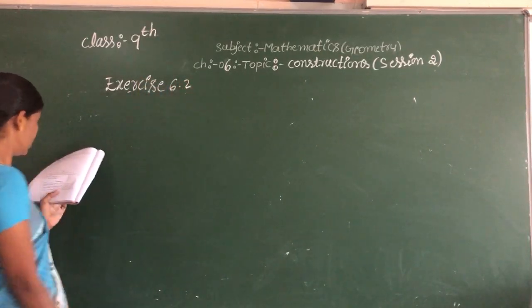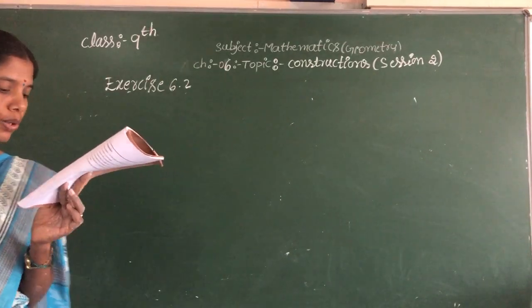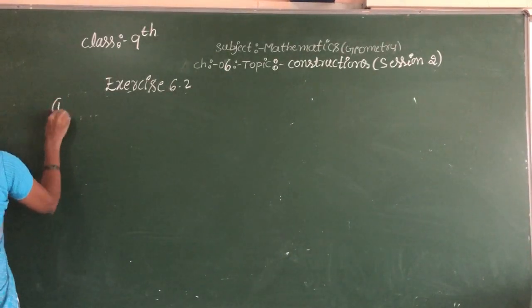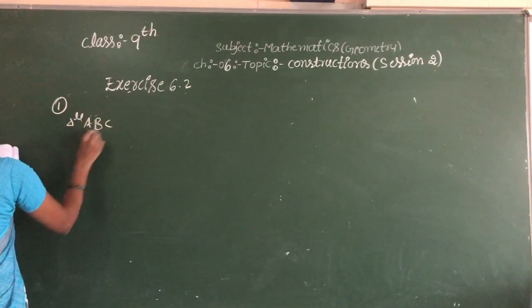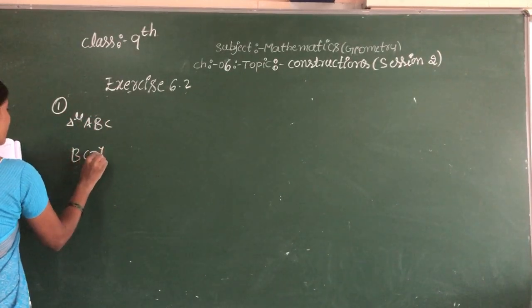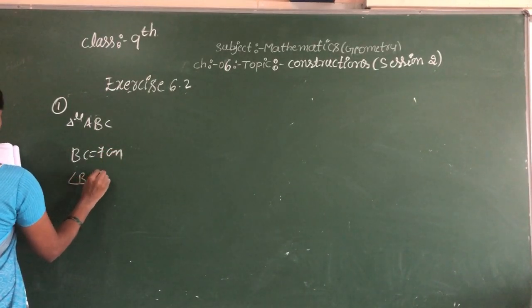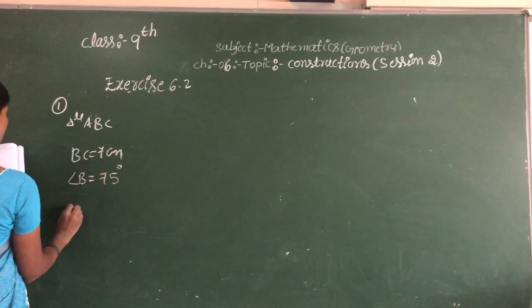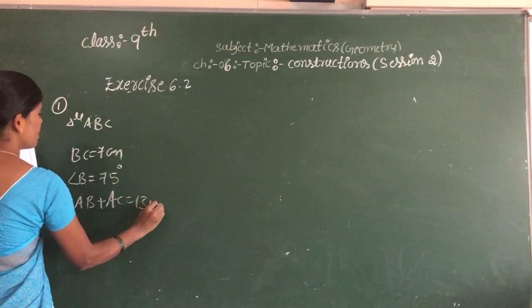Construct a triangle ABC. BC is equal to 7 centimeter. Triangle ABC. BC is equal to 7 centimeter. Angle B is equal to 75 degree. And AB plus AC is equal to 30 centimeter.